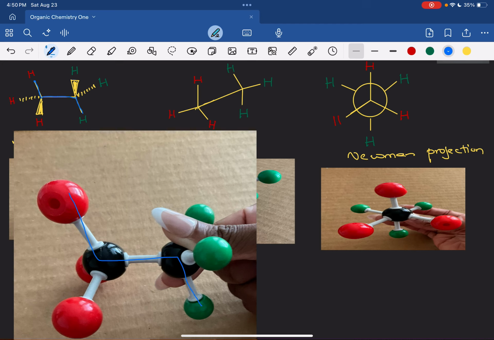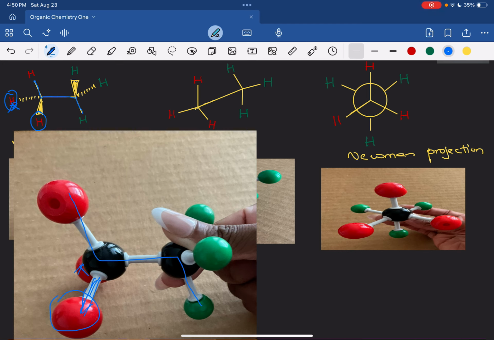That's all that's in the plane. This hydrogen right here is coming out towards you. This one, which is protruding to the back, is away from you. That's why when you put your pen behind your device, that's it being away from you. That's this hydrogen right here.